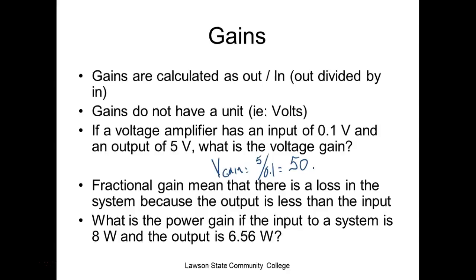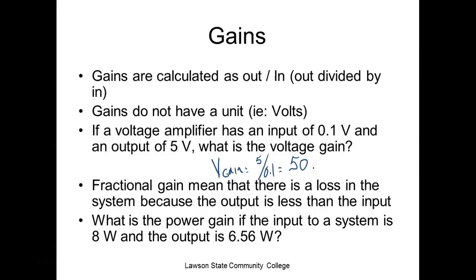And that's all a gain is. If I'm getting 50 volts out, it means I had to put 1 volt in. So if I know the gain, I can calculate the input required to produce a given output, or I can calculate the output I get if I put a certain input in.